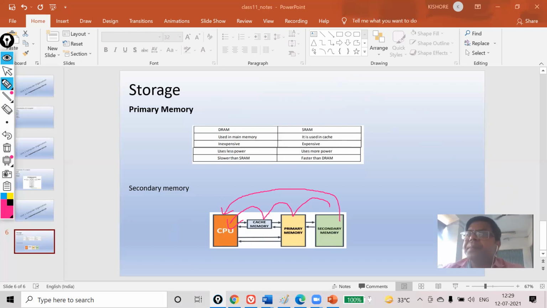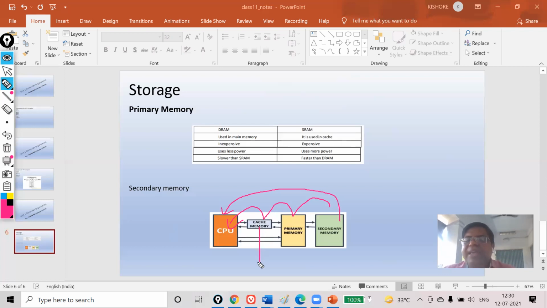Fourth, bring sweets from the sweets shop. You have four tasks given to you, and the same day you have to complete them. Will you be able to complete them? No, you have to take help from someone.